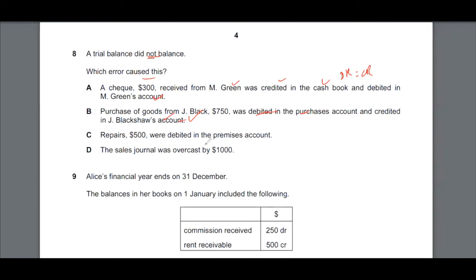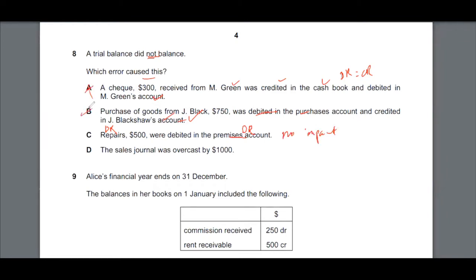Then repairs of 500 were debited in the premises account. Repairs is an expense account which will have a debit balance, and premises is an asset account which will also have a debit balance. So this has no impact. It's incorrect, but still has no impact on the balance.